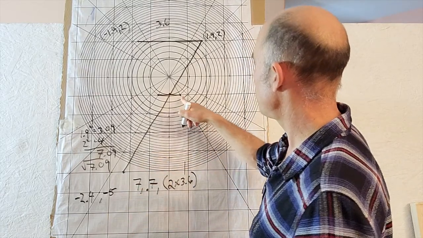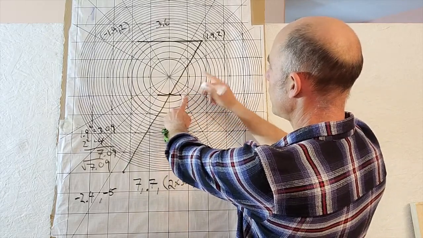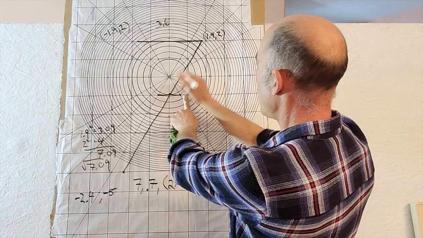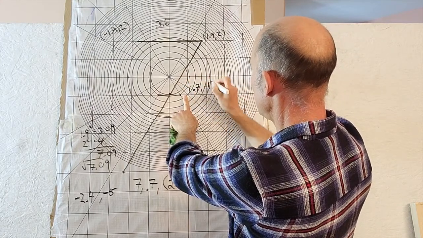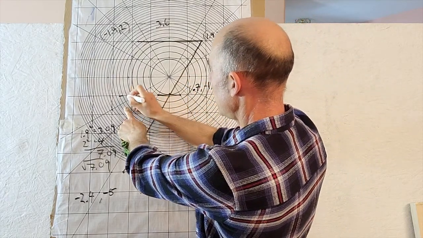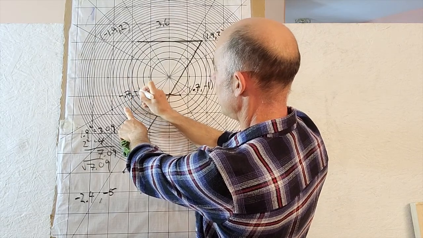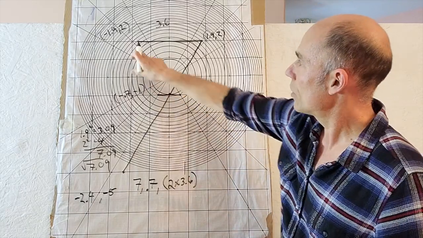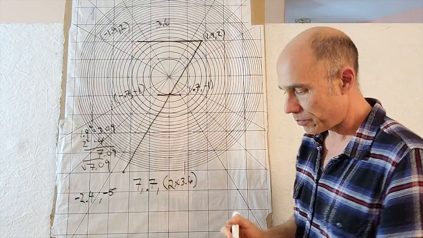And then these points here, on this side, the x is 0.7, and the y is negative 1. And on this side, it's negative 0.7 and negative 1. So that's the points on either side.